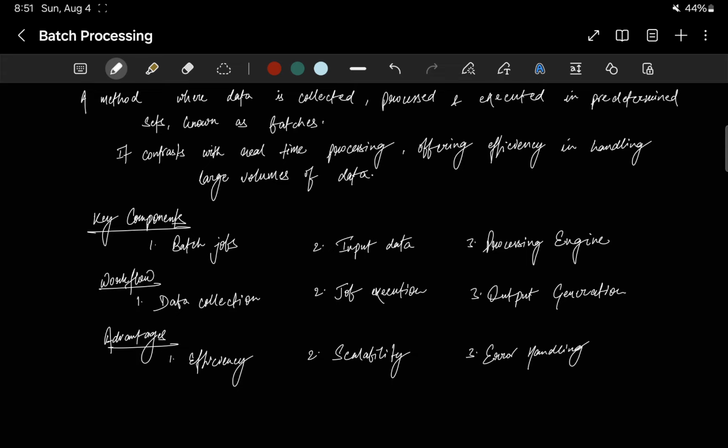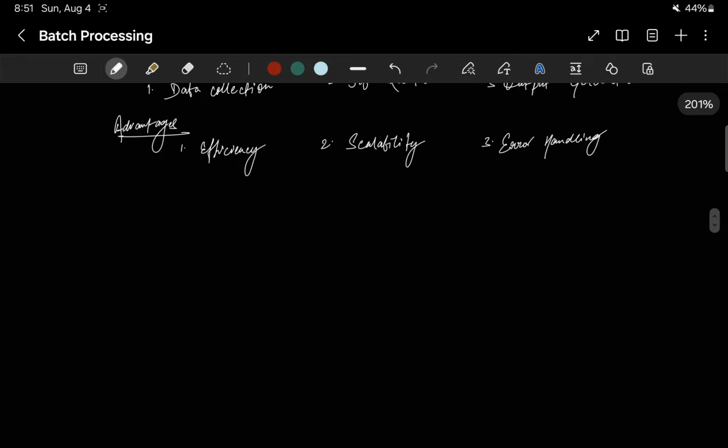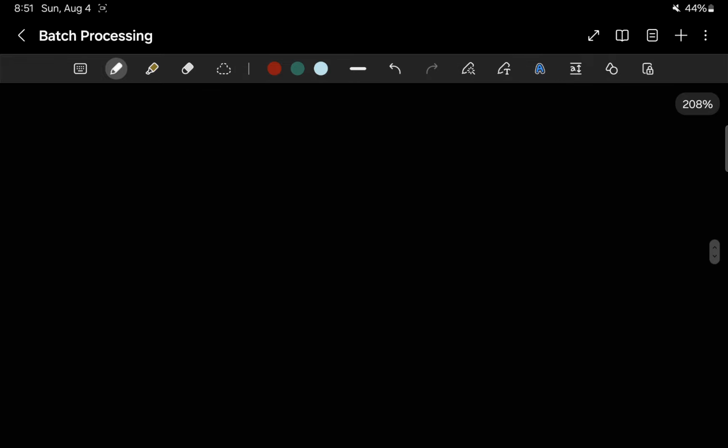Okay, let's talk about some of the use cases where batch processing is used. One is financial processing. Batch processing is widely employed in financial institutions for tasks like end-of-day processing, reconciliations, and report generation.